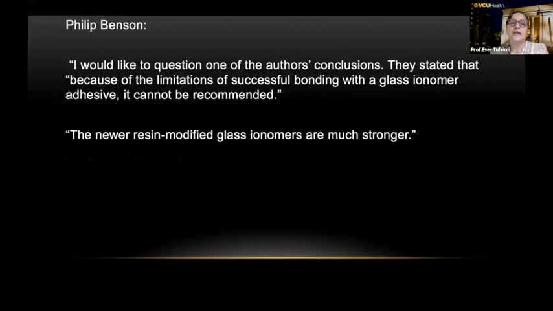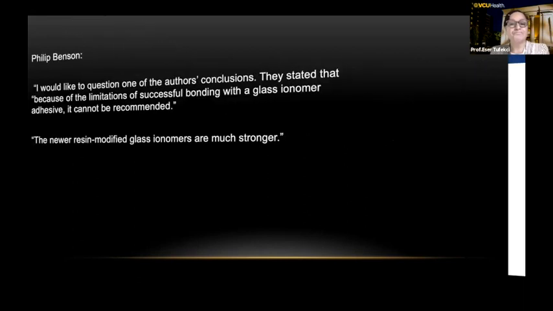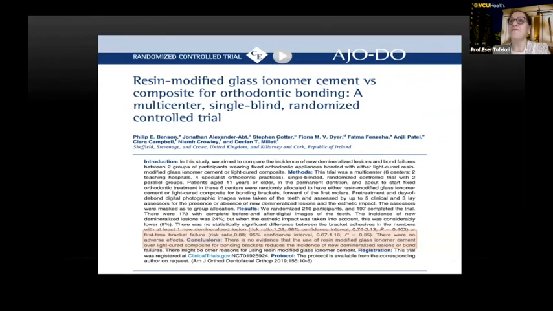He also indicated in his commentary that at that time, in 2010, they were conducting a randomized clinical study looking at both the efficacy of glass ionomer cements in reducing white spot lesions and the bracket failure rate. The findings of that randomized clinical study were finally published in 2019.